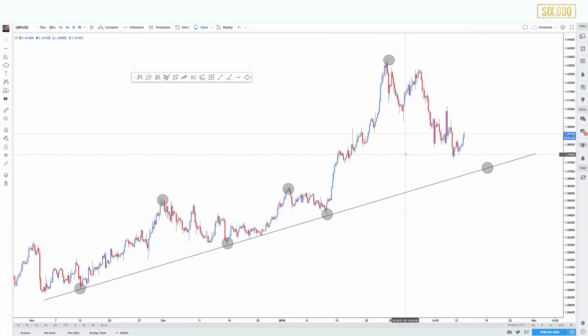So as I mentioned before, the more times a level is tested, and more times a trend line is tested, the stronger it becomes. Now, the stronger it becomes, this also means that the stronger the breakout. Because of course, let's say you have a trend line, there's only 2 points of contact, and then price does this. Just straight down.